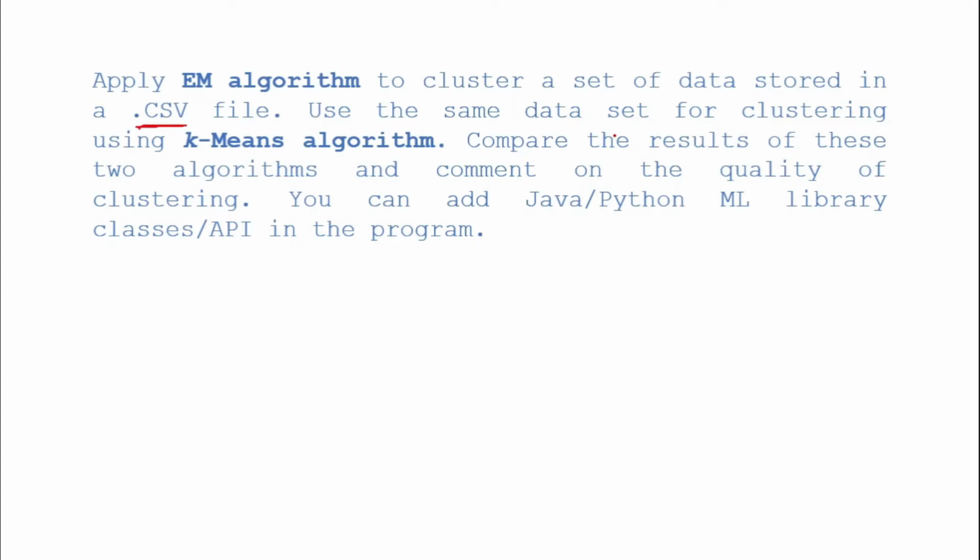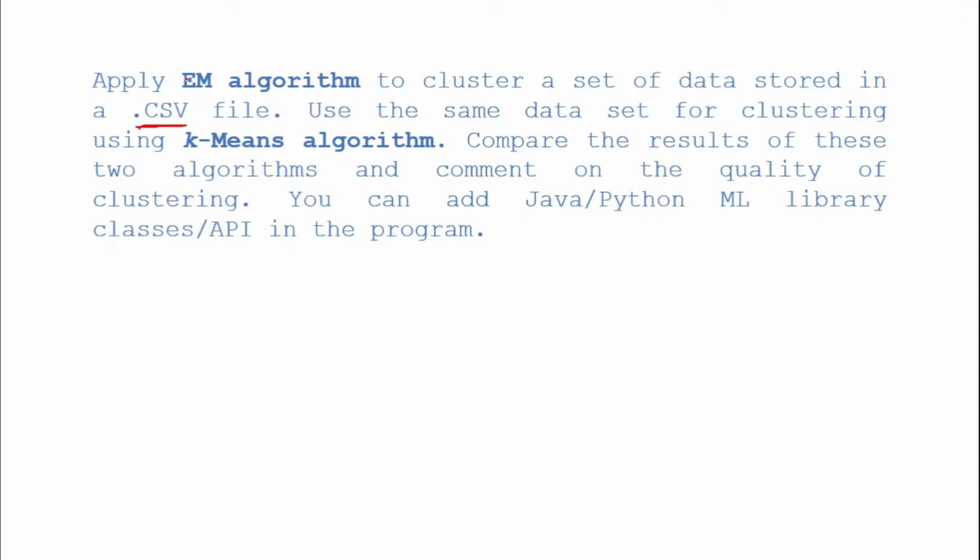Use the same data set for clustering using K-means algorithm. Compare the results of these two algorithms and comment on quality of clustering. You can add Java or Python machine learning library classes or API in the program.